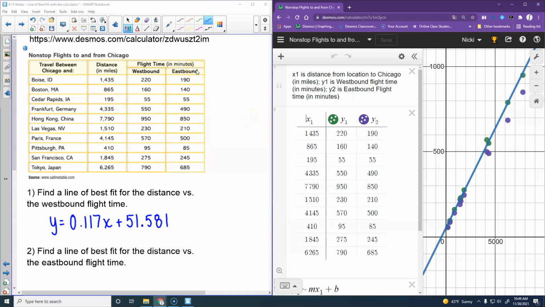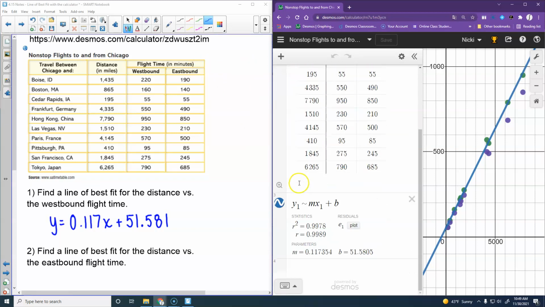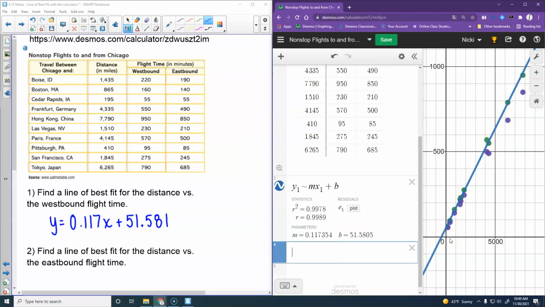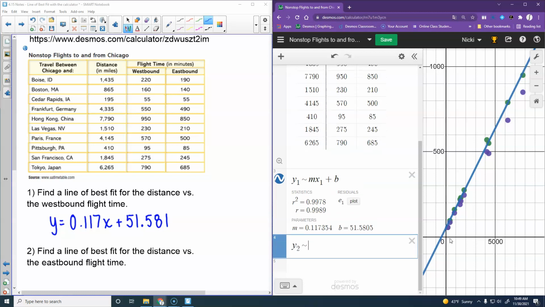It is Y2. Okay? So if we want to find a line using these purple dots instead of the green dots, we're still going to use X1 because that doesn't change. But instead of saying Y1, we're going to say Y2. Squiggle M X1 plus B.